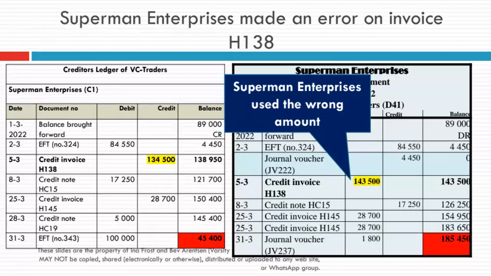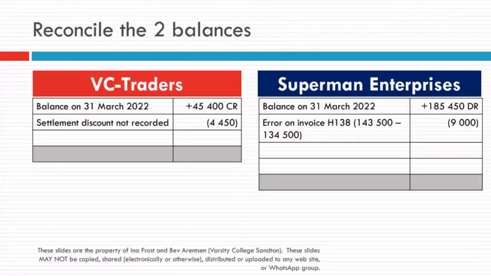The next problem that we find, both businesses have got the credit invoice H138, but they are having it at two different amounts. And in the question, they tell us that Superman is the one who recorded this invoice at the incorrect amount. So Superman then has to make a correction for that amount.